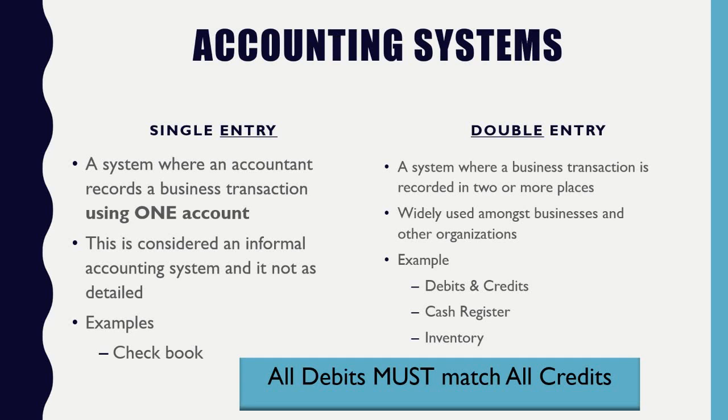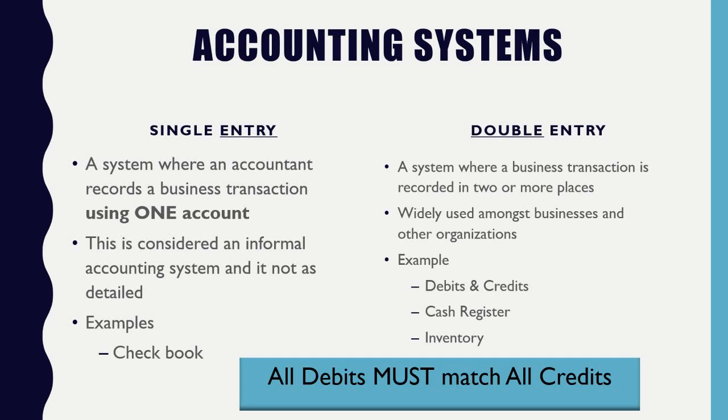Okay? So let's think of an example. When I am using a single entry account, a good example is using a checkbook. The checkbook allows you to write your checks, and usually your checkbook will come with a little ledger paper flappy thing at the top. Once you cut the check, you only record it at the top of the ledger.